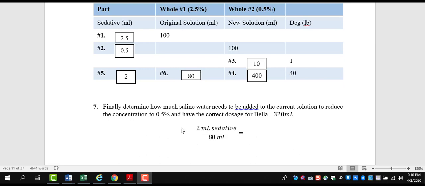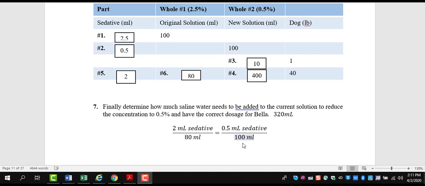I'm going to start here with my 2 milliliters of the sedative and 80 milliliters of the original solution. Now what I want is a 0.5% solution, so I want 0.5 milliliters of the sedative for every 100 here. So let me put that down.